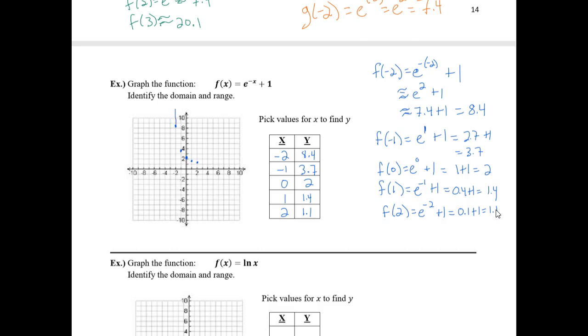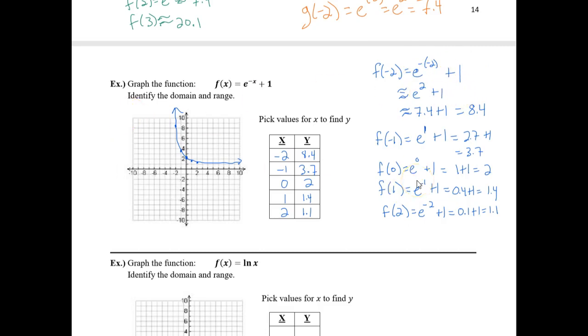So this is going to come down, and again it's going to get closer and closer to that 1, but it doesn't appear that it's going to cross it, because each time I'm going to be adding 1 to whatever this teeny tiny number is. I'm going to add 1.